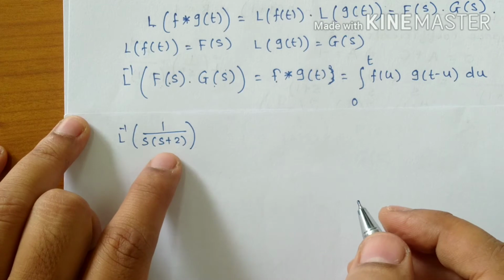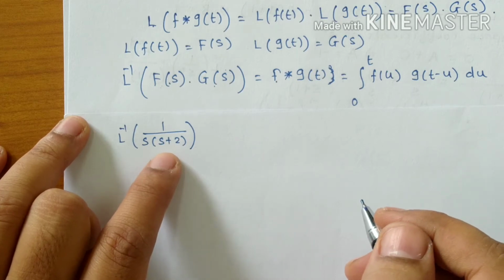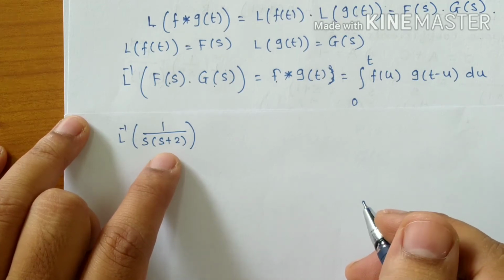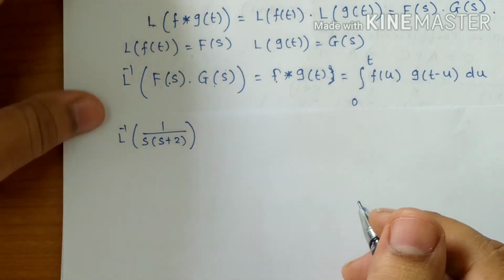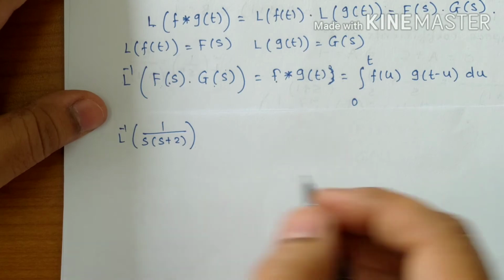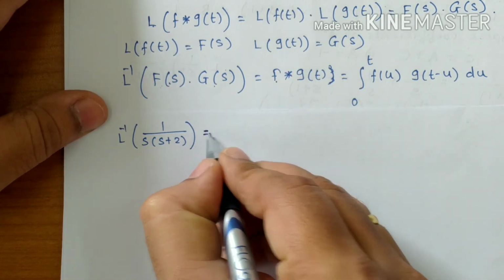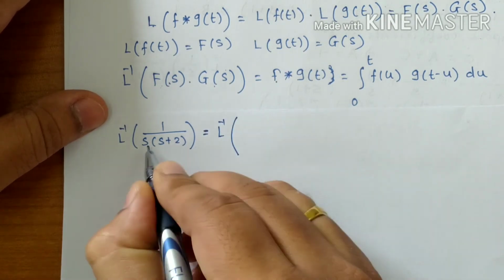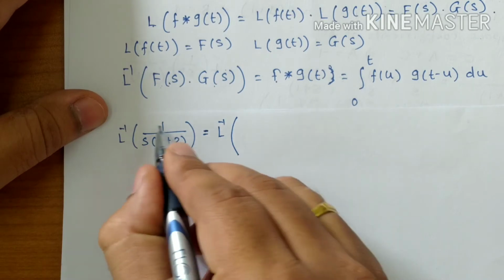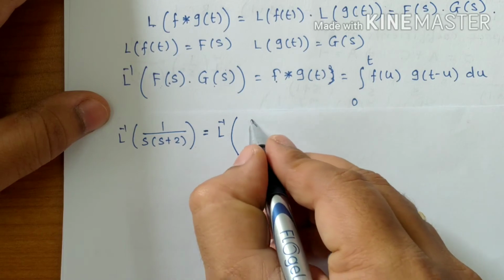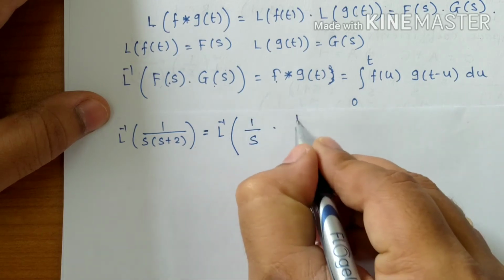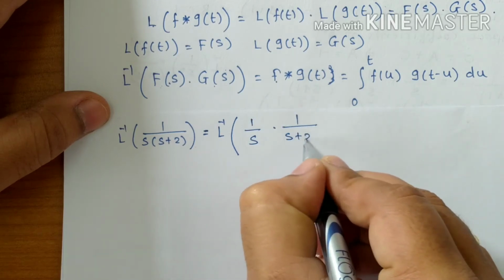We have seen a similar problem with partial fractions also. So now here I am going to apply the convolution theorem. While applying it, our job is to separate this function as a product of F of s into G of s. So here it is 1 upon s into 1 upon s plus 2.